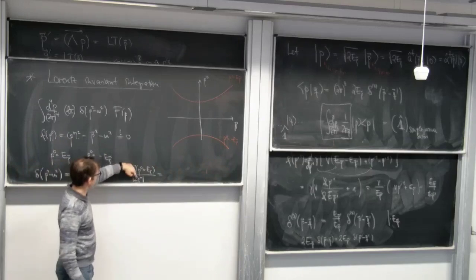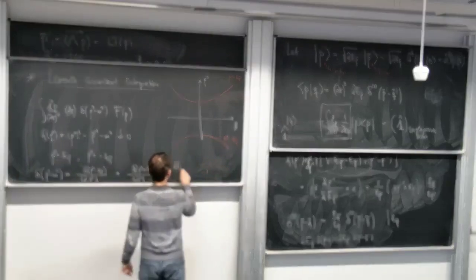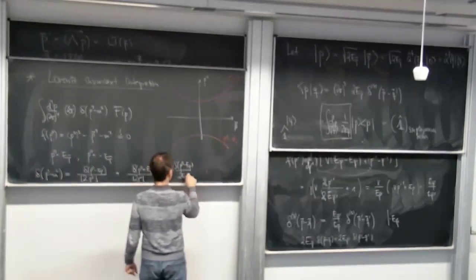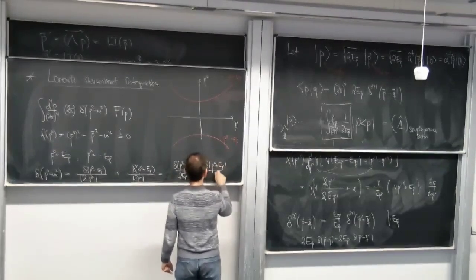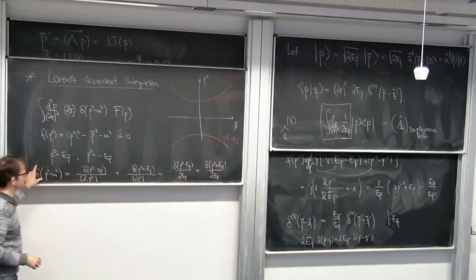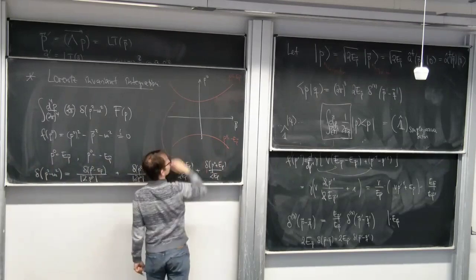That one is minus E_p, but the square doesn't make a difference. So I end up with delta p0 minus E_p over 2E_p plus delta p0 plus E_p over 2E_p. So we have two contributions, and guess what? That is the contribution of mass.